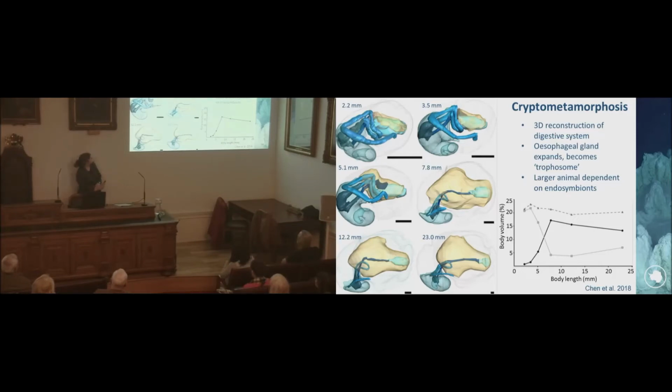What we have as the esophagus gland in the really small animals is extending with their growth to a new organ that he named trophosome, because it's comparable to the trophosome in the large siboglinid worms. It's full of bacteria, and the animals, when they are larger than around 7 to 8 millimeters in size, only live off the bacteria in their glands.